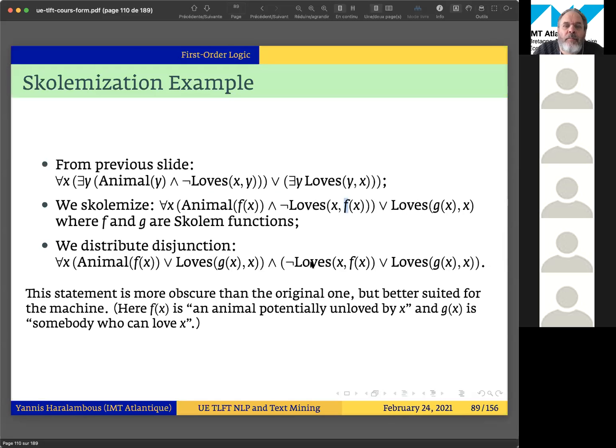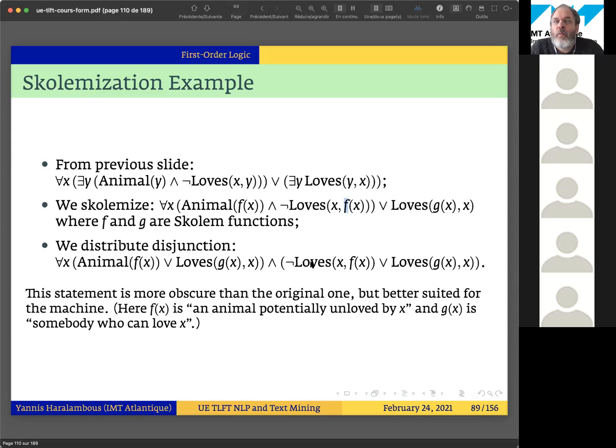So another example, if I have the formula cosine of x equals 0, and I use an existential quantifier. So I have the formula, there exists an x such that cosine of x equals 0. You know that there are many x, there's an infinite amount of x's for which this formula is true. I want to eliminate the existential quantifier.